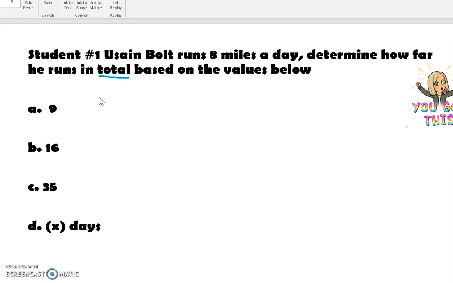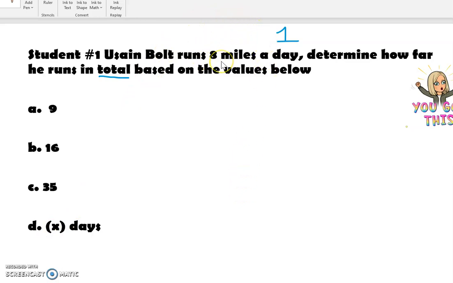So in the first part, we're told he runs 8 miles a day, which means that's how much he runs in one day. And we're going to use that information to figure out how far he goes in different amounts. So the A, B, C, and D all represent days. So I'm going to multiply.